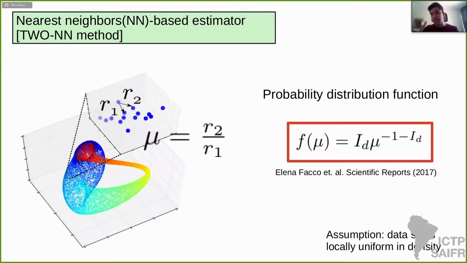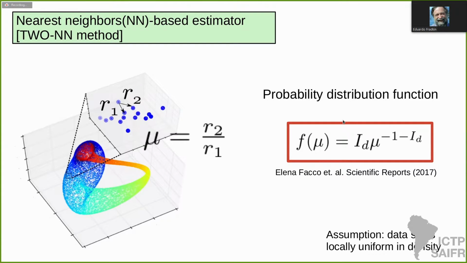There are a lot of assumptions; the main one is that the data set is locally uniform in density. One can then derive this probability distribution, called a Pareto distribution. And in practice, to compute the intrinsic dimension, we fit our empirical data to this formula.